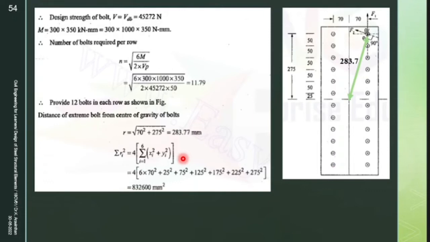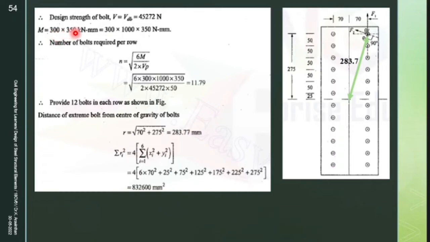Do you have all the components? Can you find F1 and F2? You can find it by yourself. F1 is direct shear, which is 45272 divided by n, the number of bolts. You divide by that. For F2, the force is 300, eccentricity is 350.